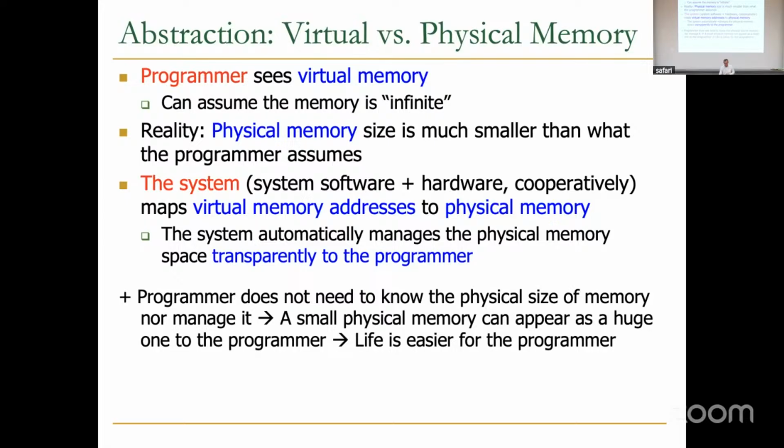A small physical memory can appear as a huge one to the programmer, and as a result, life is easier for the programmer. Right? Whenever you make the programmer not care about something underlying, that's good. You improve their productivity. But of course, you take away something from the programmer, and now the programmer cannot manage the memory by themselves. So if they're really good at managing memory, they cannot.